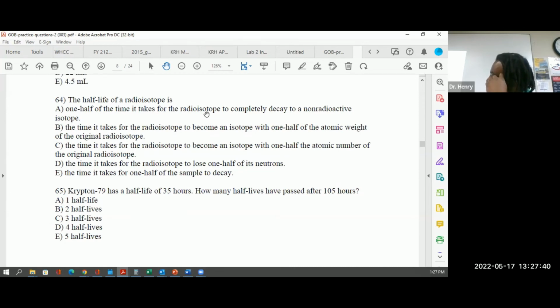B. The time it takes for the radioisotope to become an isotope with 1/2 the atomic mass of the original isotope. C. The time that it takes for a radioisotope to become an isotope with 1/2 the atomic number of the original isotope. D. The time it takes for the radioisotope to lose 1/2 of its neutrons. E. The time it takes for 1/2 the sample to decay.